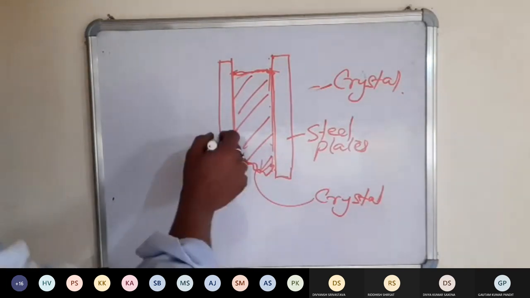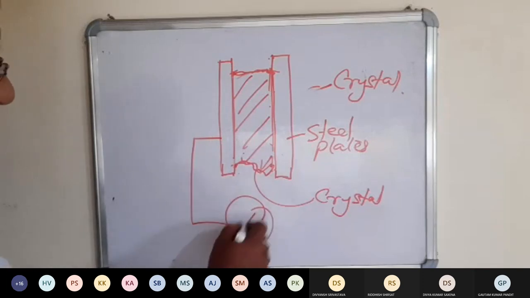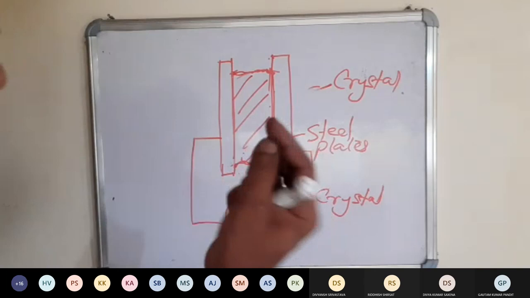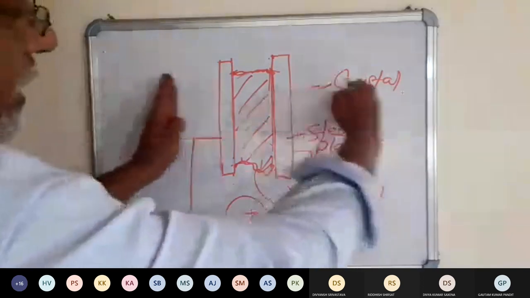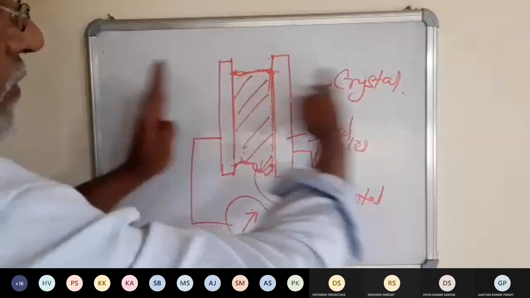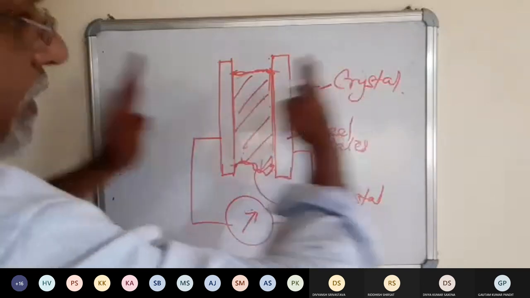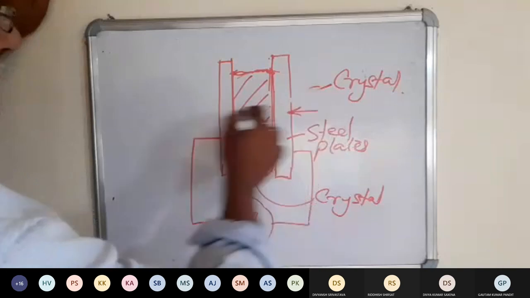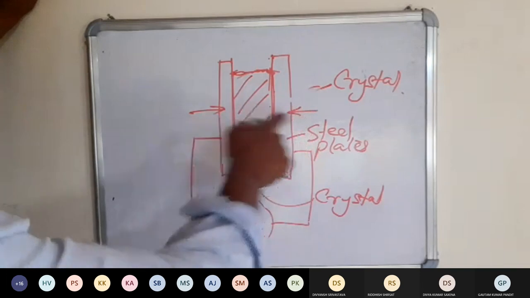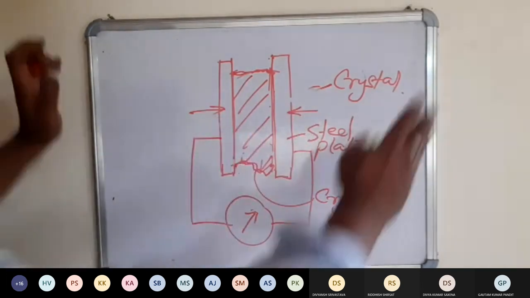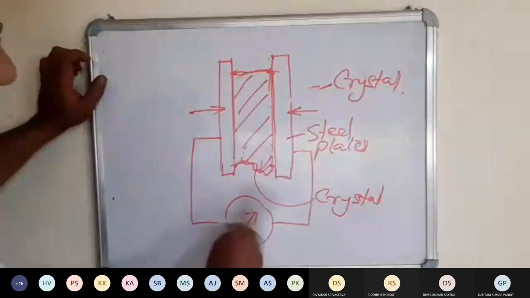What we see, if we connect something called galvanometer to read small currents, हमने एक गैल्वेनोमीटर कनेक्ट कर दिया यहाँ पे जो रीड कर सकता है अगर करंट होगी तो। अब क्या करते हैं कि इस स्टील प्लेट को हम वाइब्रेट करते हैं, प्रेशर डालते हैं इनके ऊपर, ऑल्टरनेटिंग वाइब्रेशन, एक बार दबाते हैं ऐसे। So when there is this vibration or pressure applied onto the crystal through the steel plates, what we see कि जैसे ये वाइब्रेट करता है, there is fluctuation here.